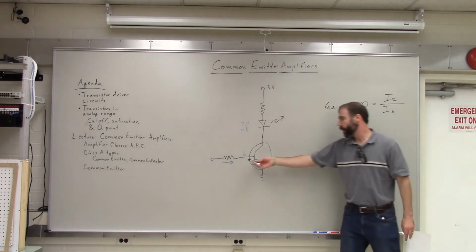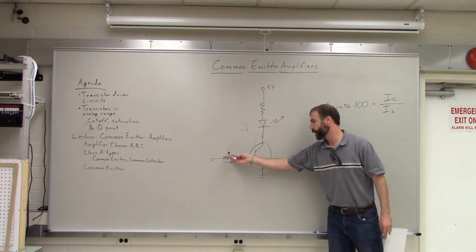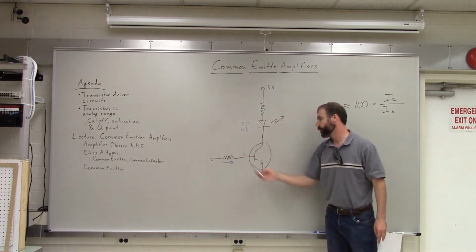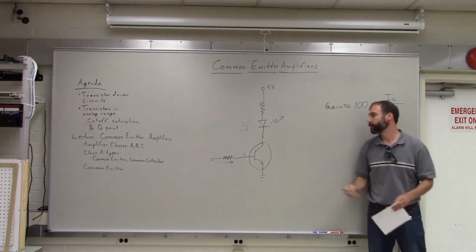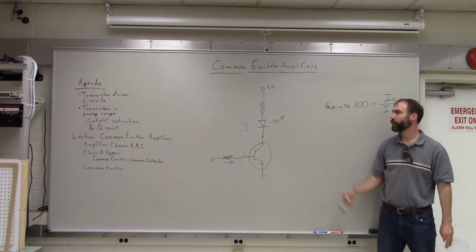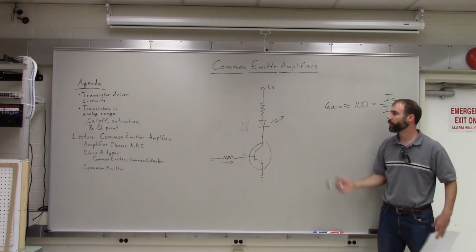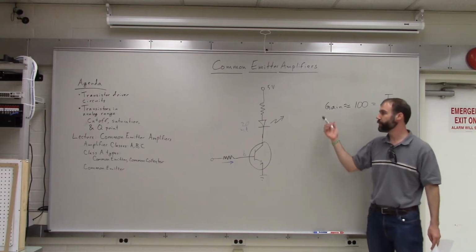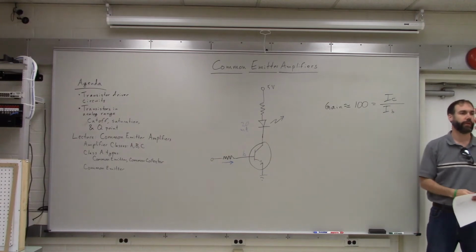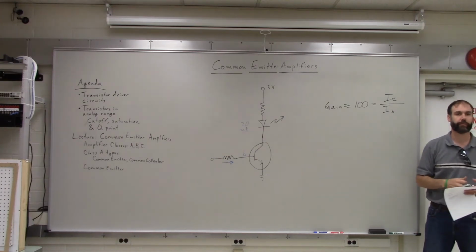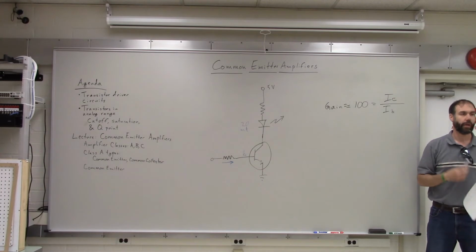So then we know what our base current is going to be, and then we can figure out what resistor we need here. So that's how we were able to design a transistor driver circuit, a circuit that acts like an electronic switch. Any questions about that? Okay, cool.